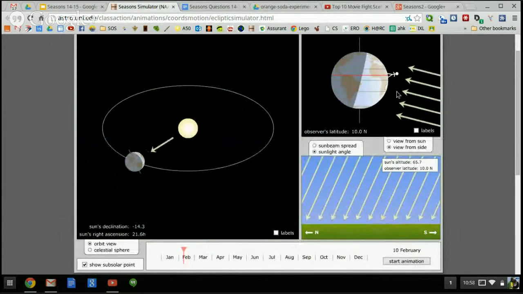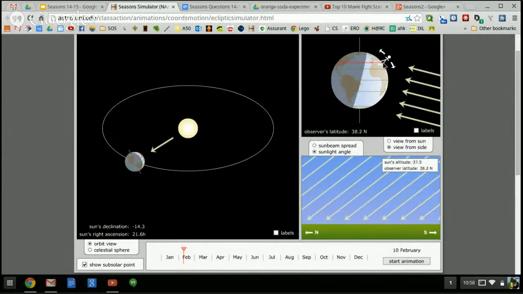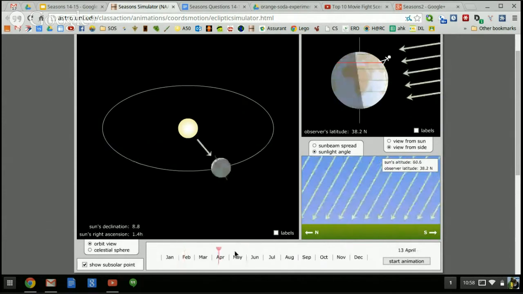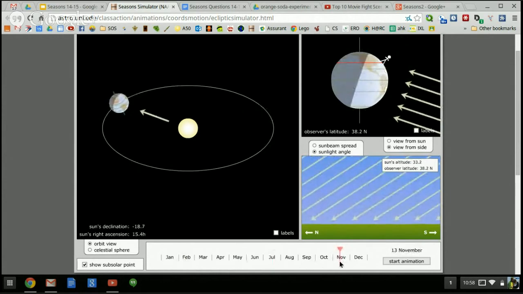If we move our little guy here, he's standing about where Colorado is, right in the middle of the United States. So this red line is where we go around. Today's date is November 14th.